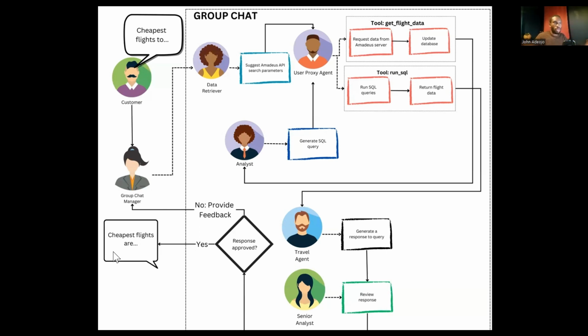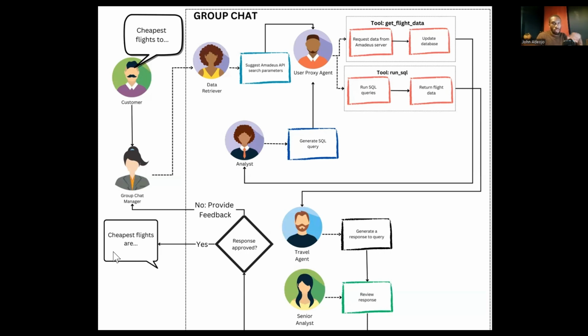We are using multiple agents. We're using AutoGen to orchestrate all of those agents, using the group chat context and the group chat manager to manage the interactions between those agents. Each agent in this workflow is powered by a large language model. Only the user proxy actually executes any of the tools. So only the user proxy actually runs the functions.